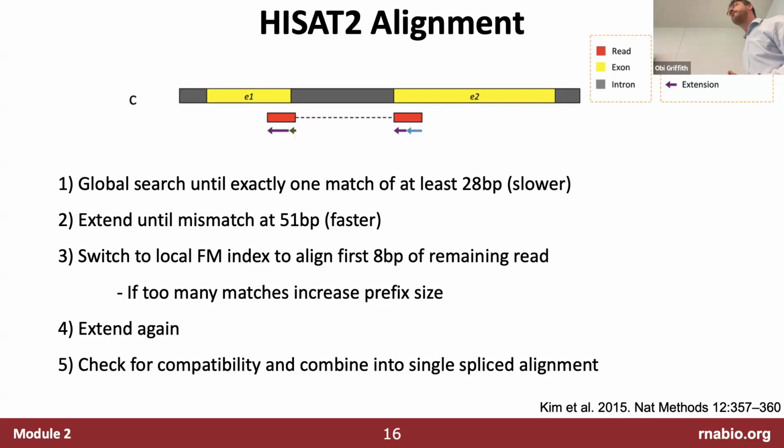So would it be possible to say that if it doesn't match the exon region directly next to it, it would automatically switch to the next one and look for it like that? Yeah, so the question is, would it automatically look at, or be limited to, the next exon, and if it doesn't find something there, look at the next one? It's essentially yes. I don't know if the logic of it is exactly that simplistic, because of the order of operations: it's doing this local index search and using nearby exons to guide it.